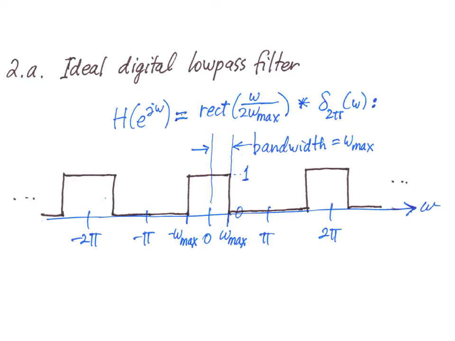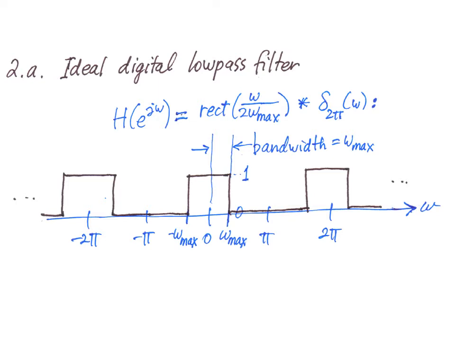Now for the first really confusing part of this lecture. Remember that we studied that discrete time Fourier transforms have periodic spectra. So, just as they have periodic spectra, the Fourier transform of the impulse response must be periodic. The ideal digital low-pass filter in the discrete time case will have a periodic frequency response.